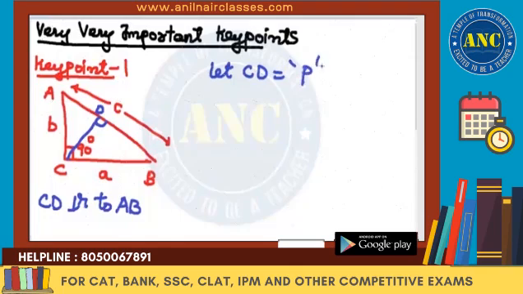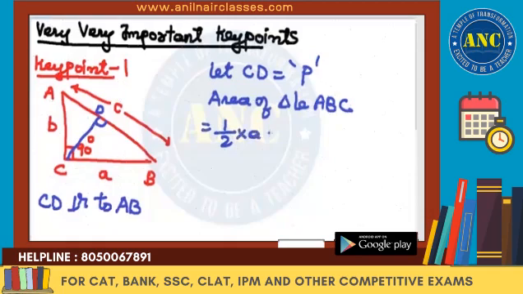Listen carefully, sir. The area of triangle ABC is half into the product of the sides containing 90 degrees. It is also half into base into height.